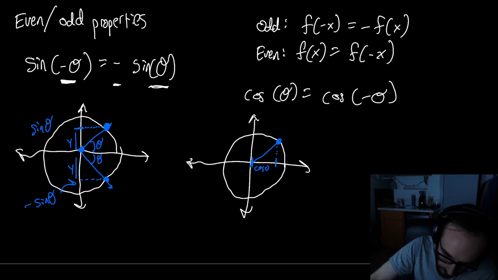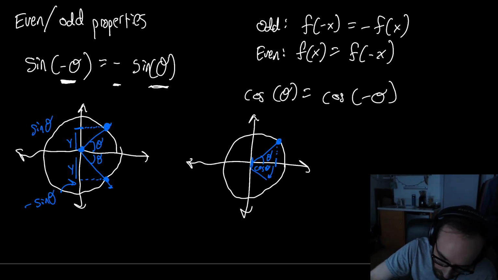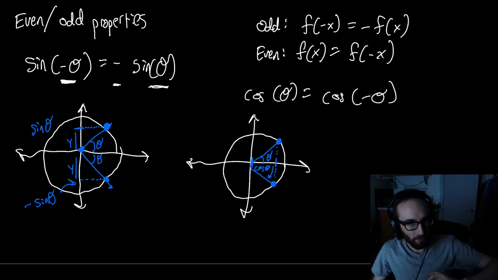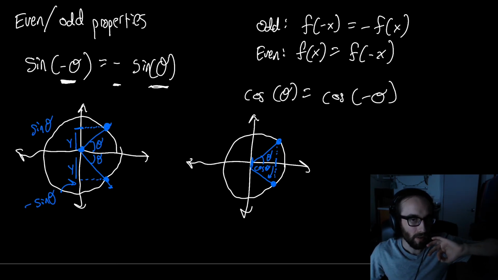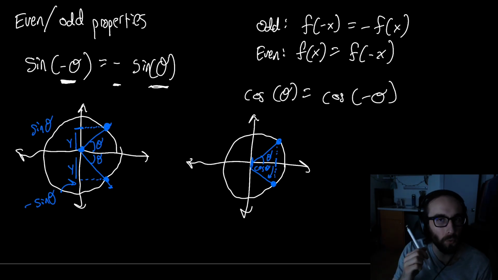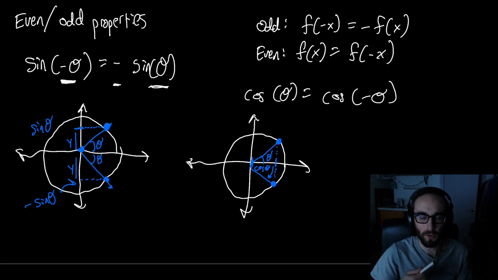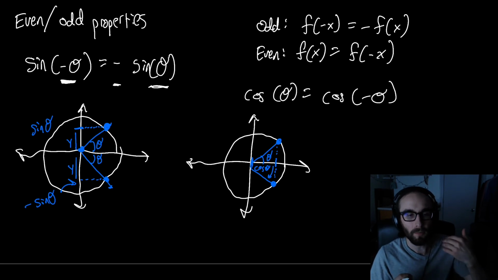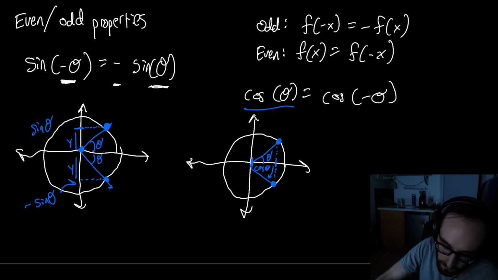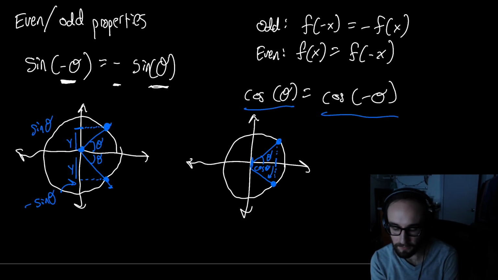So this is cosine of theta. And we know that if we were to go in the opposite direction, go down by theta, then it's going to be the same x distance. So the y value has flipped or become negative, but the x distance is still the same. It hasn't changed. And if you look at our special points on our unit circle, which we've talked about in the past, like pi over 3, pi over 6, pi over 4, you'll see these patterns show up, where cosine of theta is equal to cosine of negative theta.